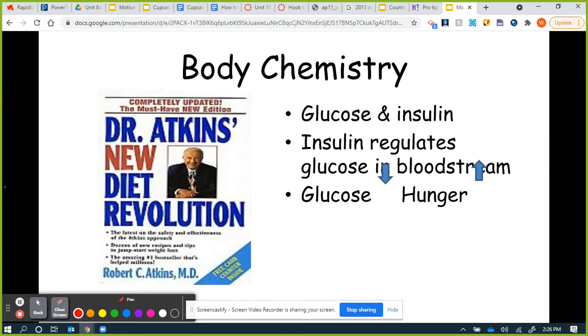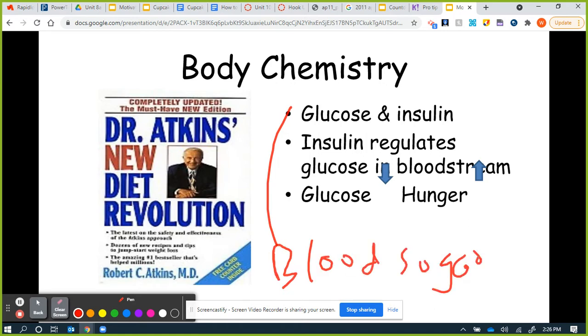Okay, glucose is what we get from food, right? It is also referred to as blood sugar, right? And as we eat, our blood sugar rises. Once it gets to a certain point, what produces insulin?